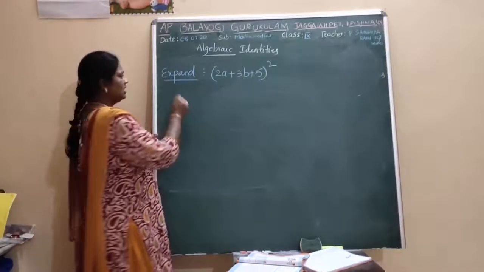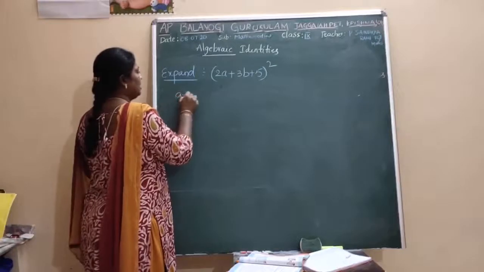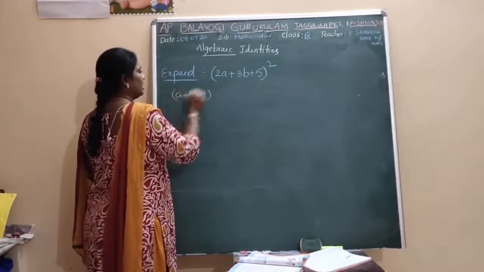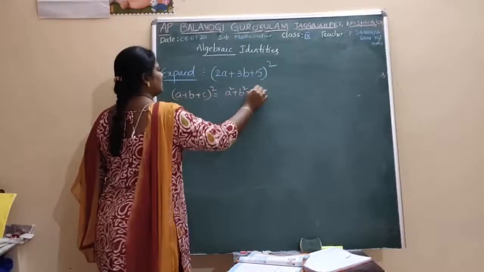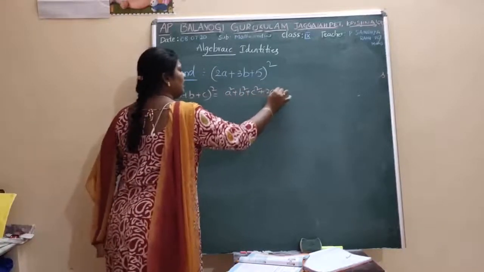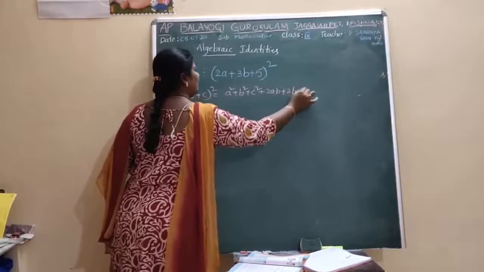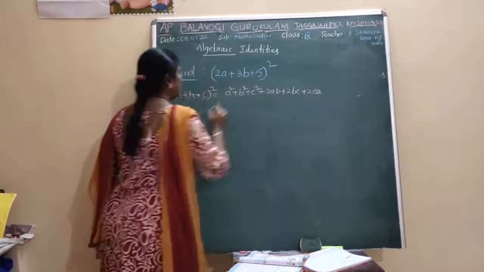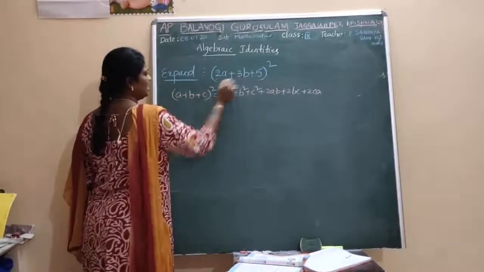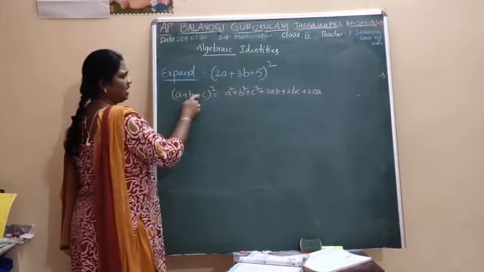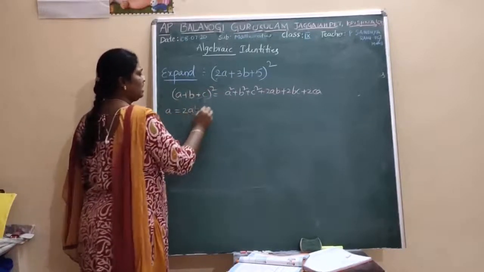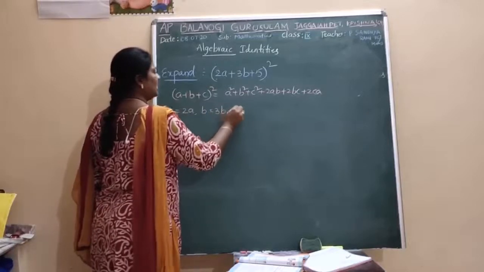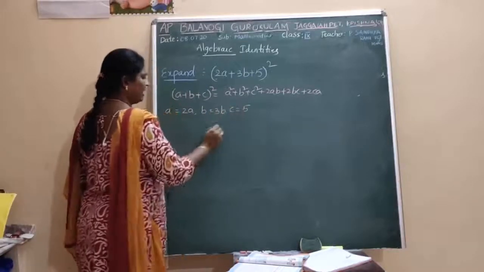identity. That is, a plus b plus c whole square is equal to a square plus b square plus c square plus 2ab plus 2bc plus 2ca. Here this is also in the form of the same identity, no? So let's take a equal to 2a and b equal to 3b and c equal to 5. So we have to write like this.